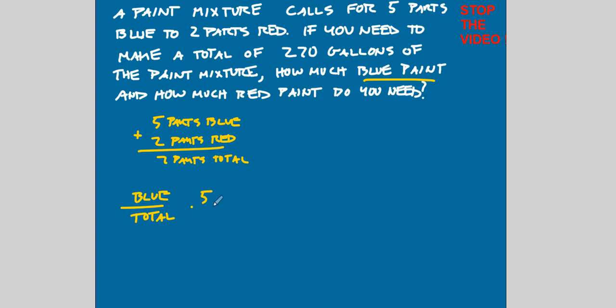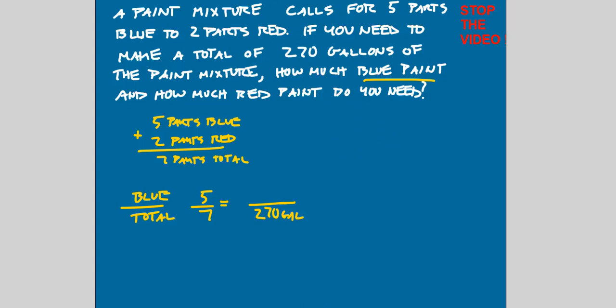I have 5 parts blue out of 7 parts total, and that's got to equal, okay, so this is unitless. I want to make a total of 270 gallons, so that goes down here. And my X is the gallons of blue.